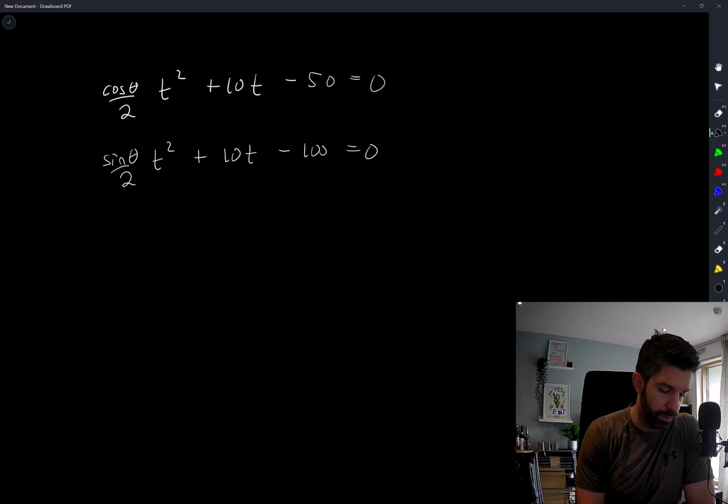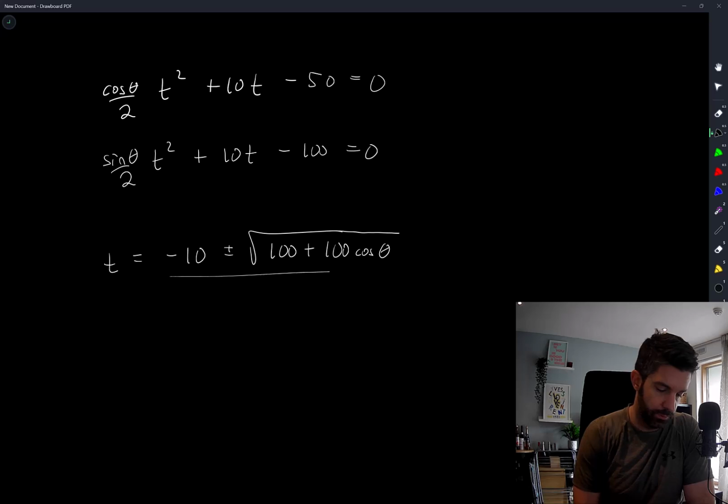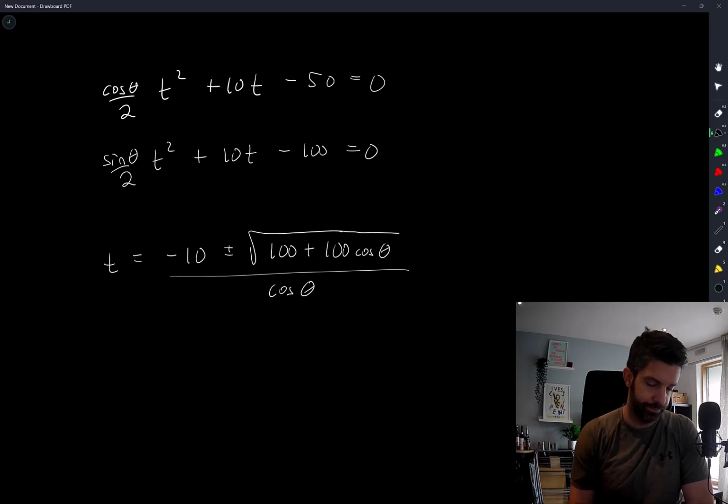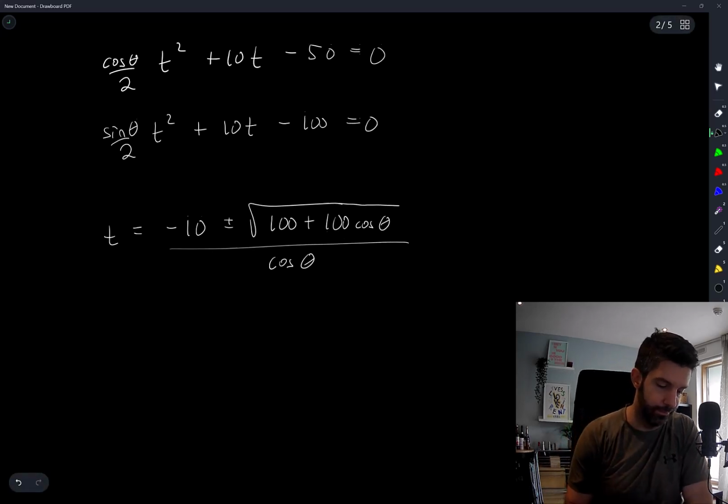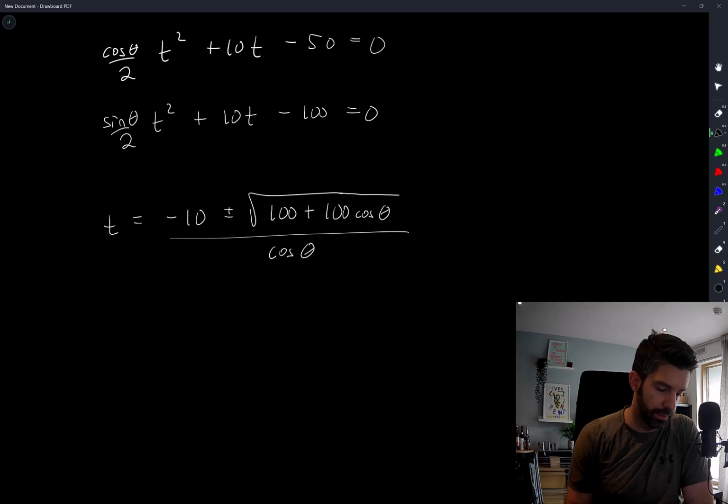So from the first equation, we have t is equal to negative 10 plus or minus the square root of 100 plus 100 cosine theta, over cosine theta. This is uglier than I expected it to be.